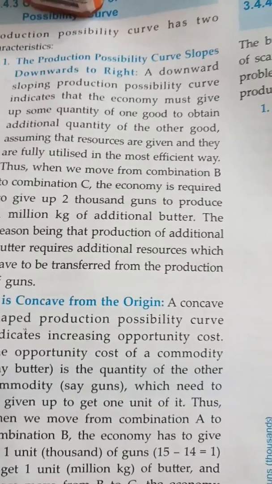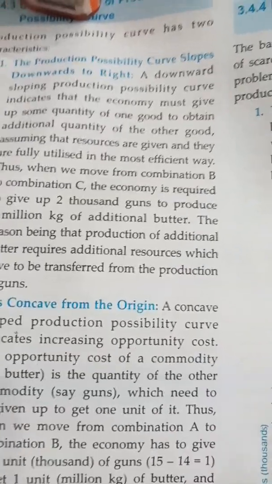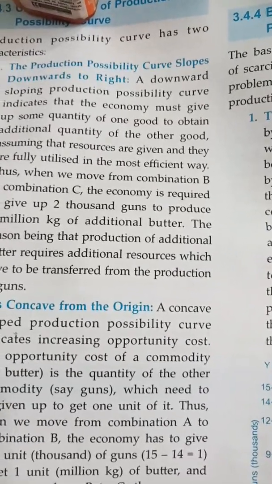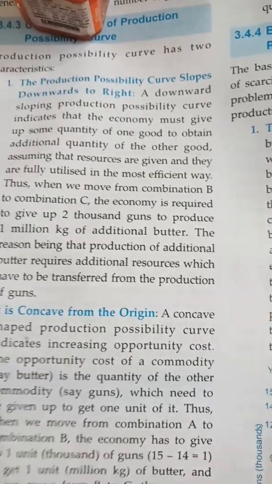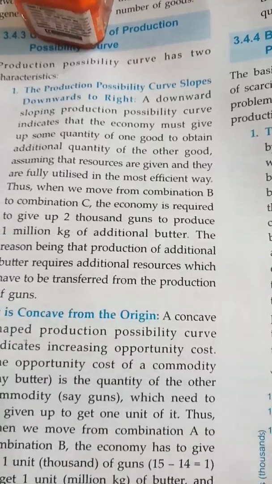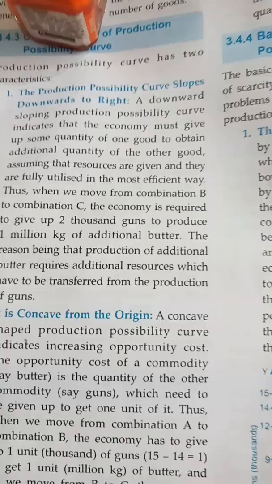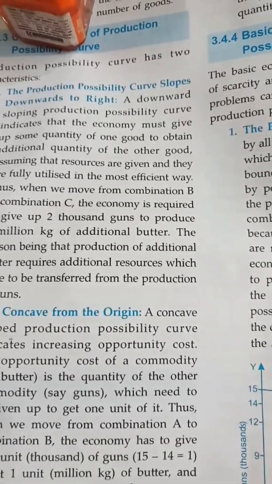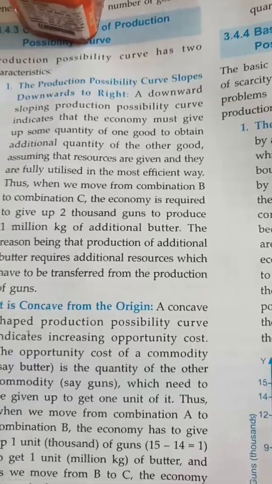In other words, the PPC is downward sloping. Obviously, this happens because when the production of one is increasing, the other production decreases. So when one variable increases and the other decreases, the curve depicting the relationship between the two will be negatively sloped. That is why the PPC is downward sloping.